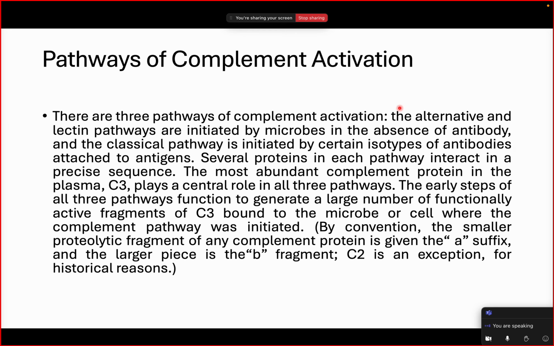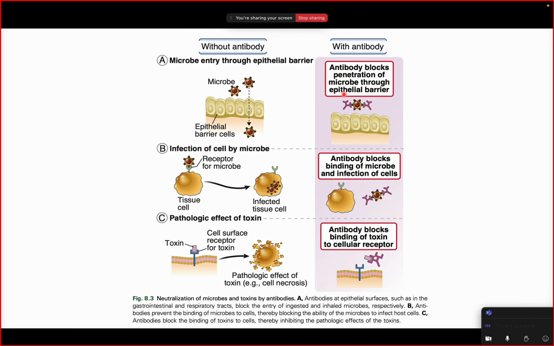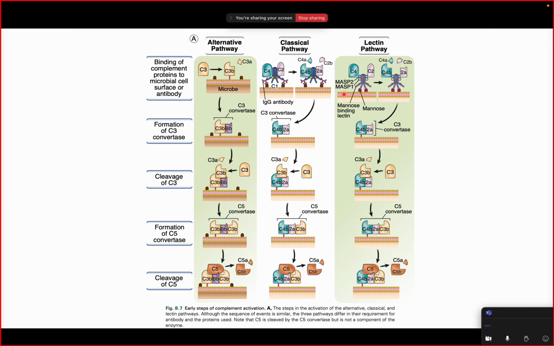So while the B cell and T cell functions are taking place, the complement system is also working simultaneously. And remember, we talked about the cytotoxic T cells as well. They are also working.